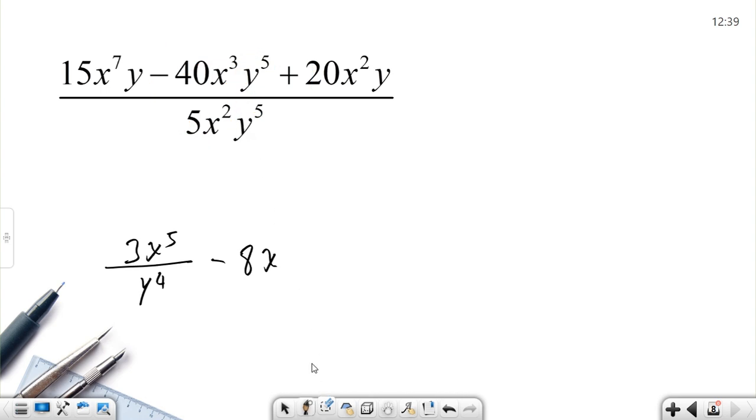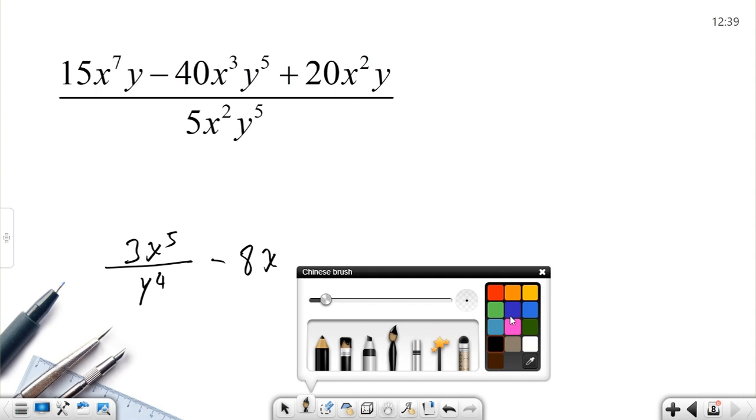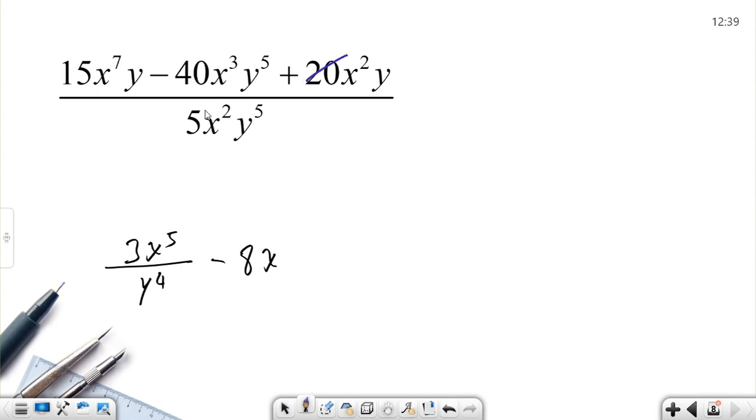Okay, clean it. Let's continue. 20 and 5. I can simplify by 5. 20 and 5, both of them divisible by 5. 4 and 1. Don't forget, this is a positive 4. X squared and x squared, this will be 1 and 1. Y to the power of 5 and y to the power of 1, there is nothing, it's 1. So this will be 1, this will be 5 minus 1, y to the power of 4. Let's write it.